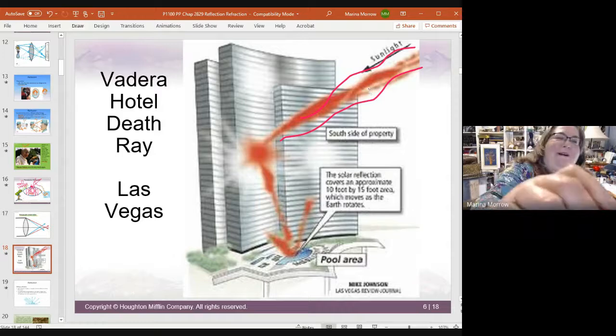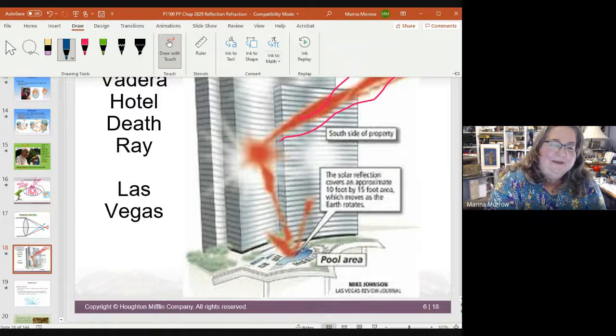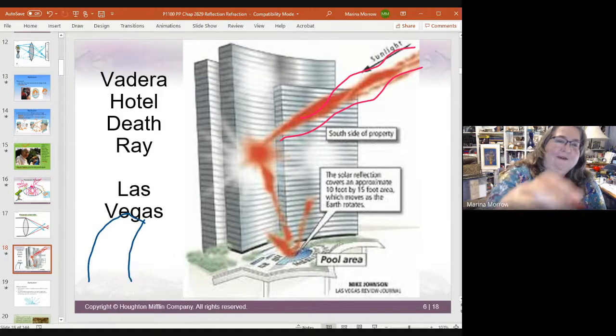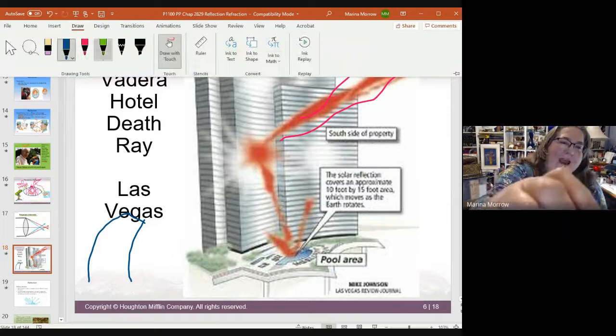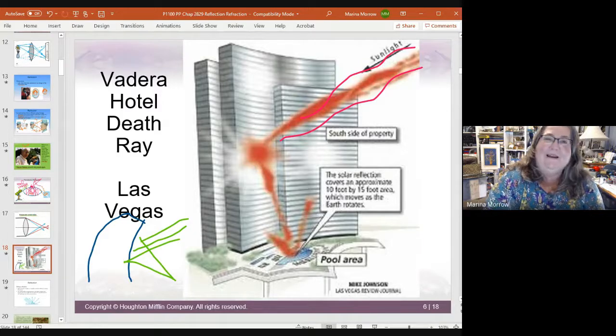Something similar happened in England. They built a building for some reason with a parabolic front on it. And so light from the sun was coming in and getting focused across the street, where some buildings there, the shops, were getting their carpet burned inside the buildings as it would focus.